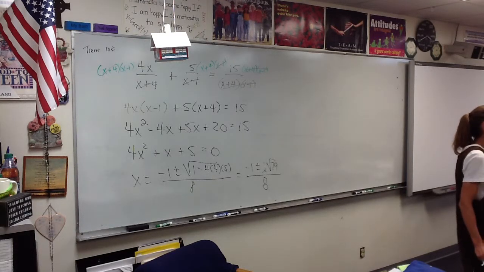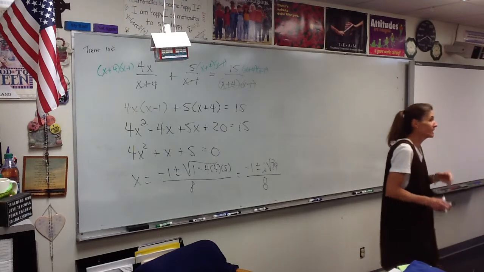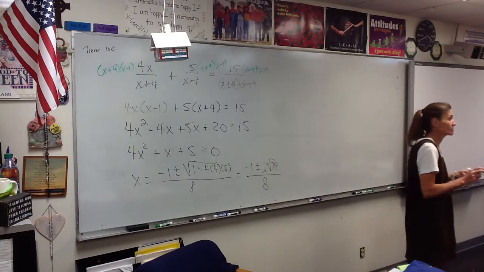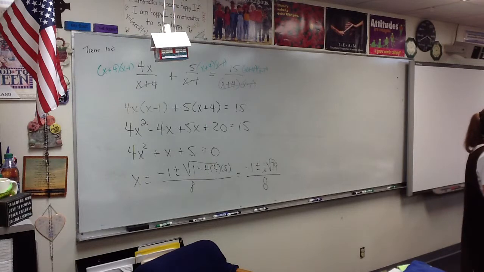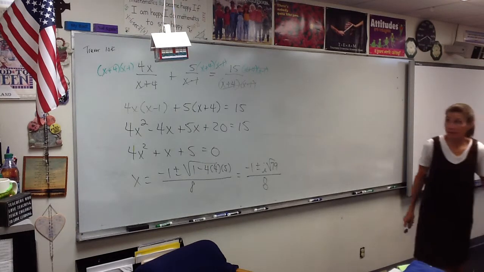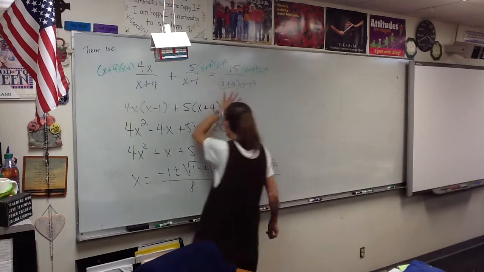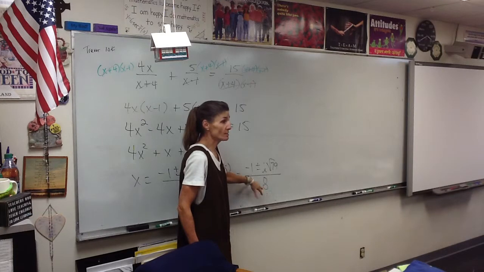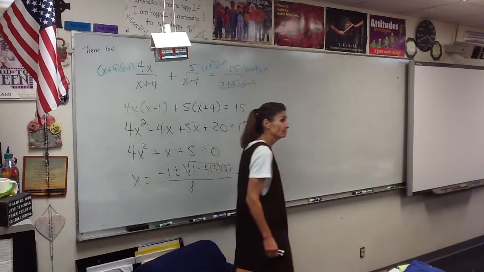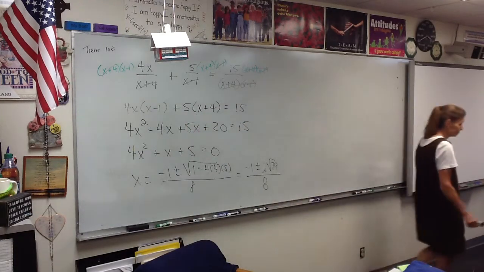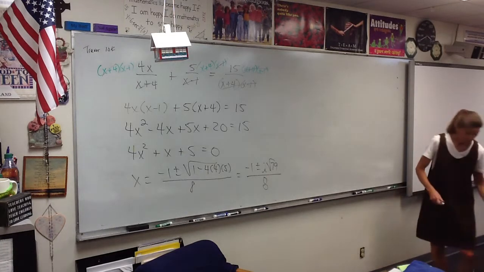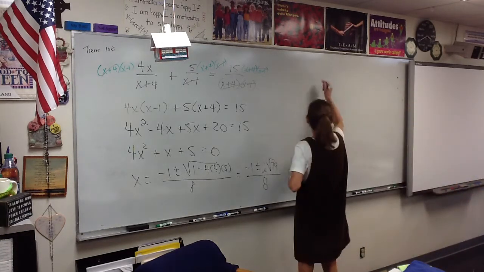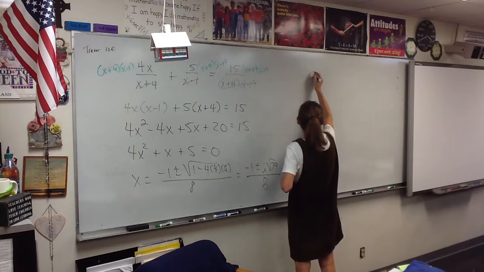So anything else that's listed as a potential answer can't be an answer, because it's not an x-intercept. Remember, your solutions are going to be x-intercepts. If we graphed this one, it would have no x-intercepts, because the only solutions to this equation are imaginary. All right. Now I want to try another one of these rational equations.